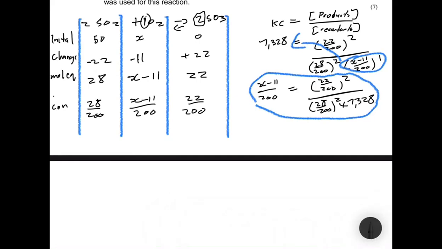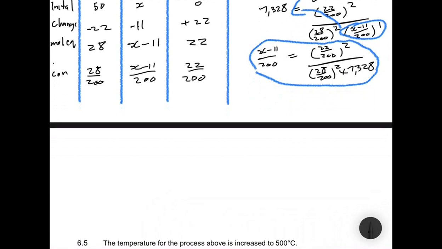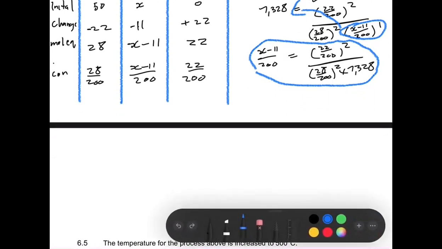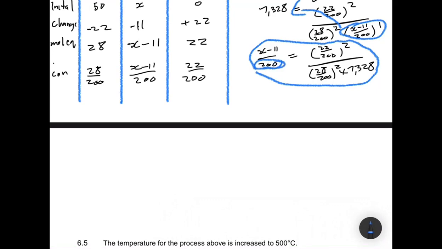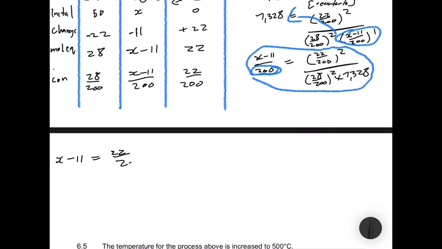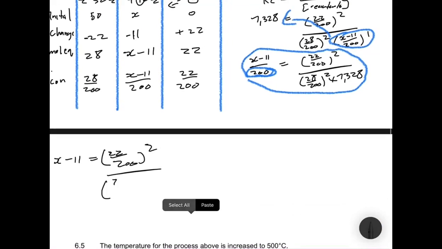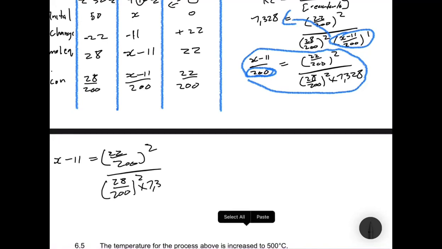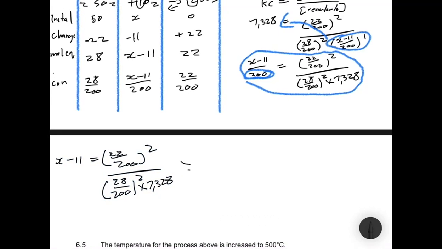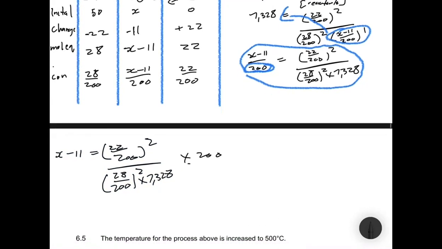It's true. And then from here, let's multiply both sides by 200 so that we can get rid of this 200 here, right? So if we do that, we're gonna have x minus 11 is equal to 22 divided by 200 again squared, divided by 28 divided by 200 squared, multiplied by 7.328, and then we multiply everything by 200, right?